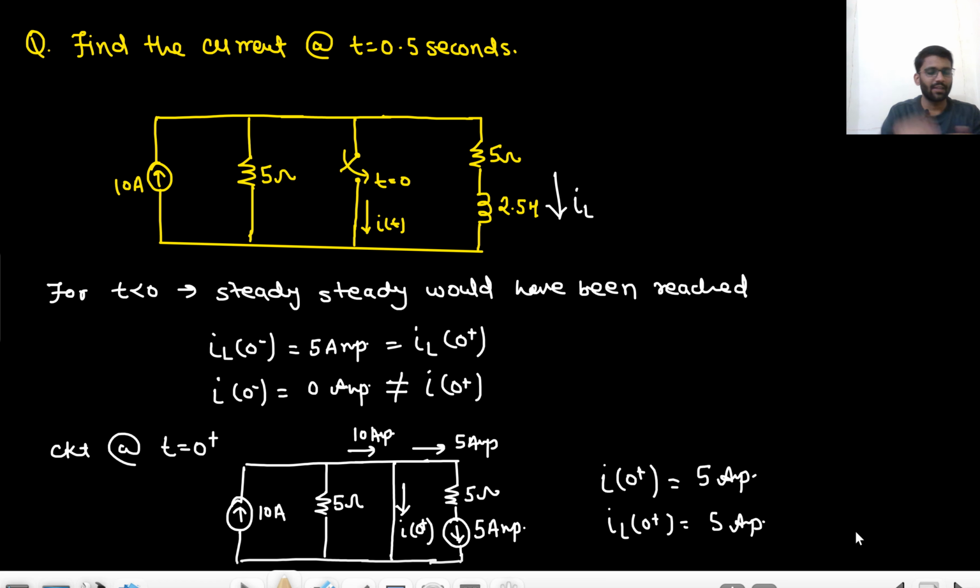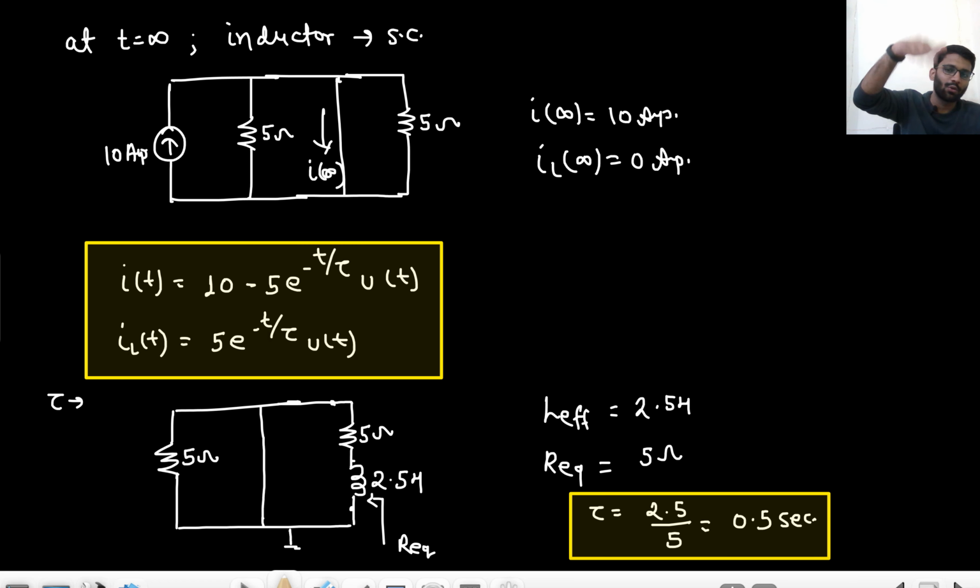At steady state, the inductor will be shorted, so this 10 ampere current is completely flowing in the closed switch, because this is a complete short circuit path. In the inductor there will be 0 ampere current. So in case of IT, we are going from 5 to 10, and in case of the inductor, from 5 to 0.